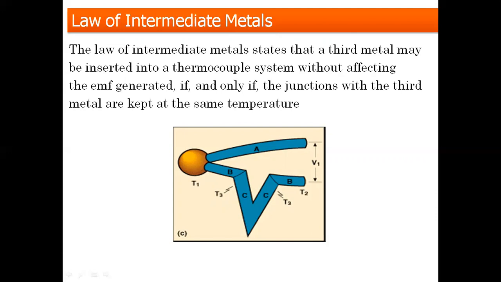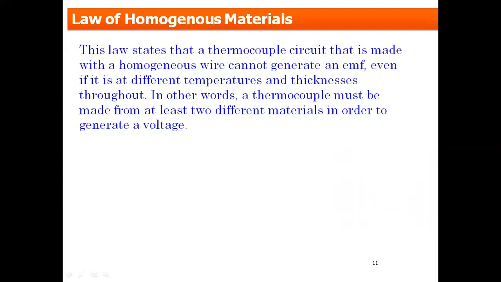So if the two junctions where the metals B and C are joined together are at the same temperature, then the overall EMF of the thermocouple is not affected. Okay, so a third metal can be inserted in between provided the two junction temperatures are the same, and that does not affect the voltage that is produced in the overall thermocouple.